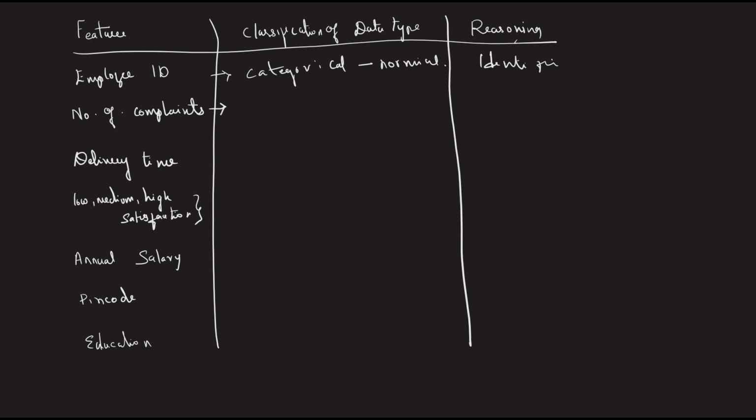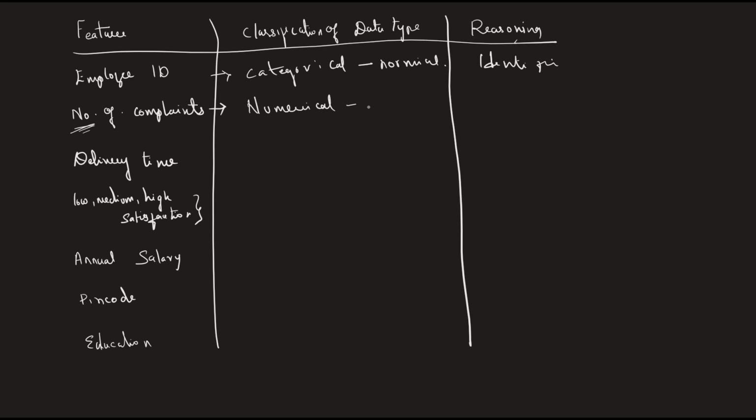Moving to the next one, number of complaints. It can be 10 complaints, 20 complaints, or 21, 22. Complaints will come in numbers because we are representing it as the number of complaints. So we already know this is numerical because we can apply arithmetic operations on it.